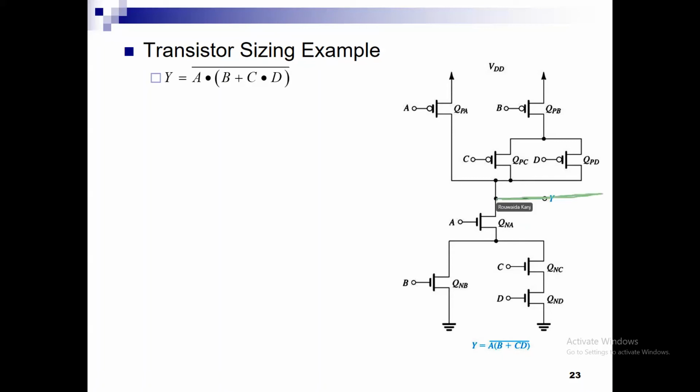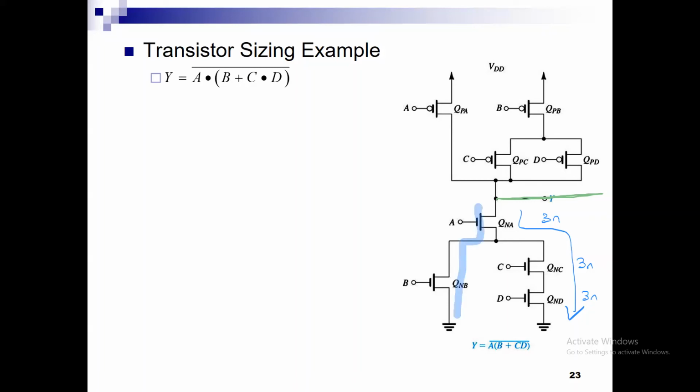I want to find the worst case path for the pull down. So the worst case is when one route is on, and I start with the longest one. This is the longest single route, A, C, D. It is 3, so I'm going to size this as 3N, 3N, 3N. Great. Now what do I do? The second path is this path. How do I size B?